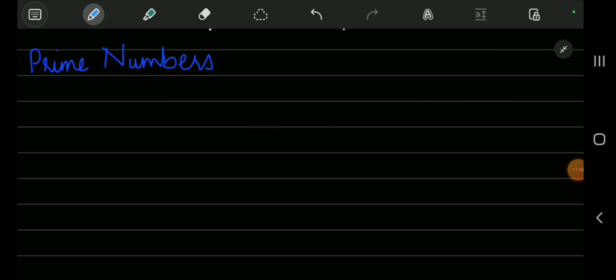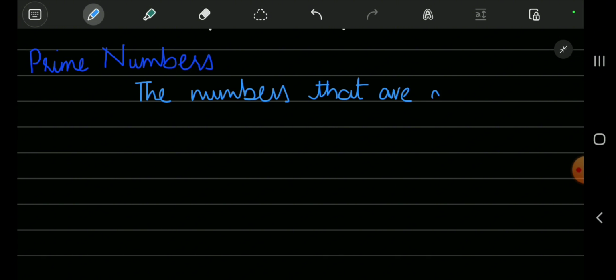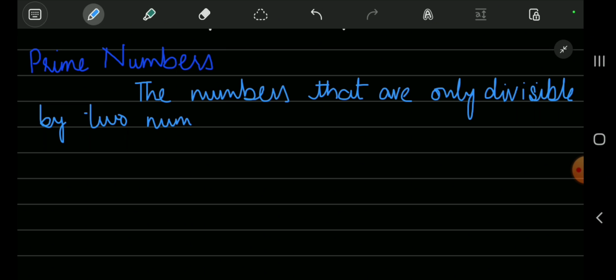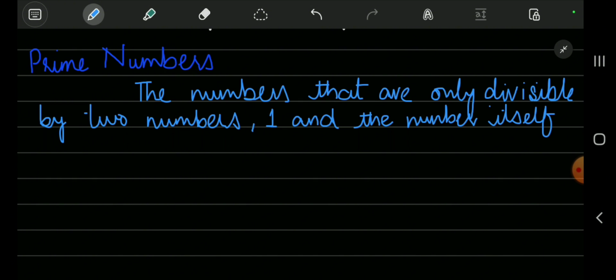So let's write: the numbers that are only divisible by two numbers, one and the number itself, are called prime numbers.